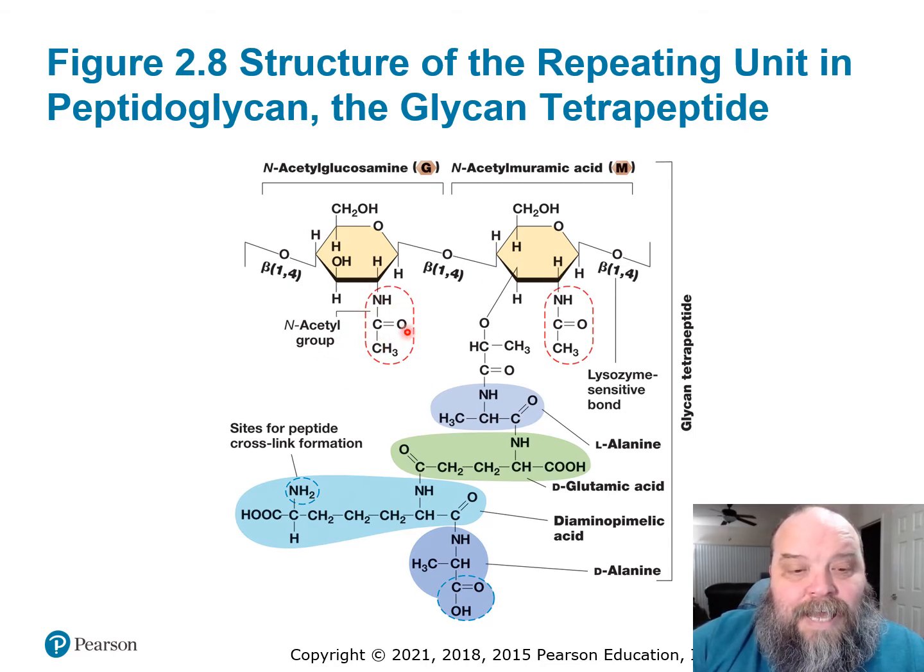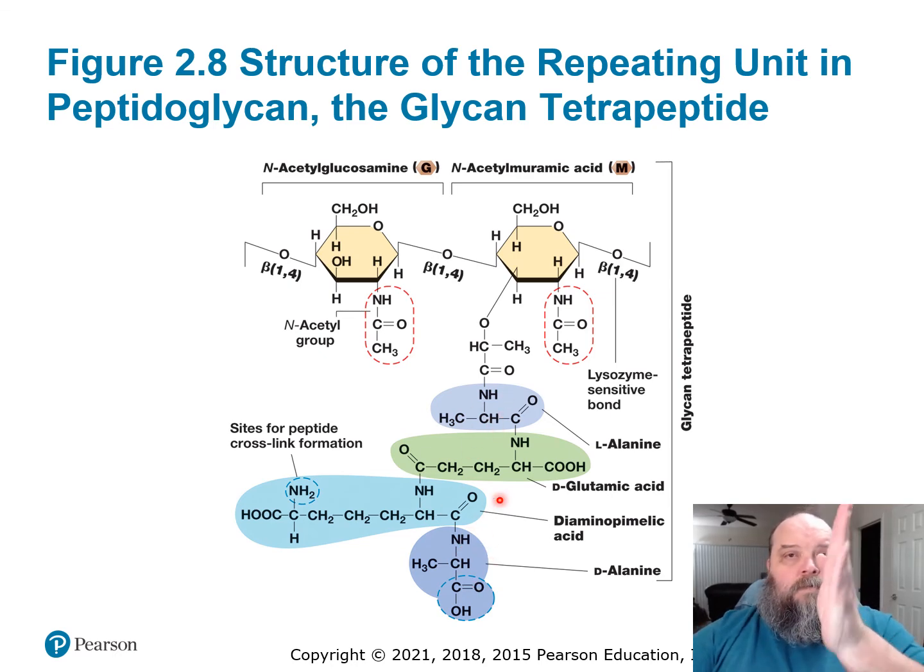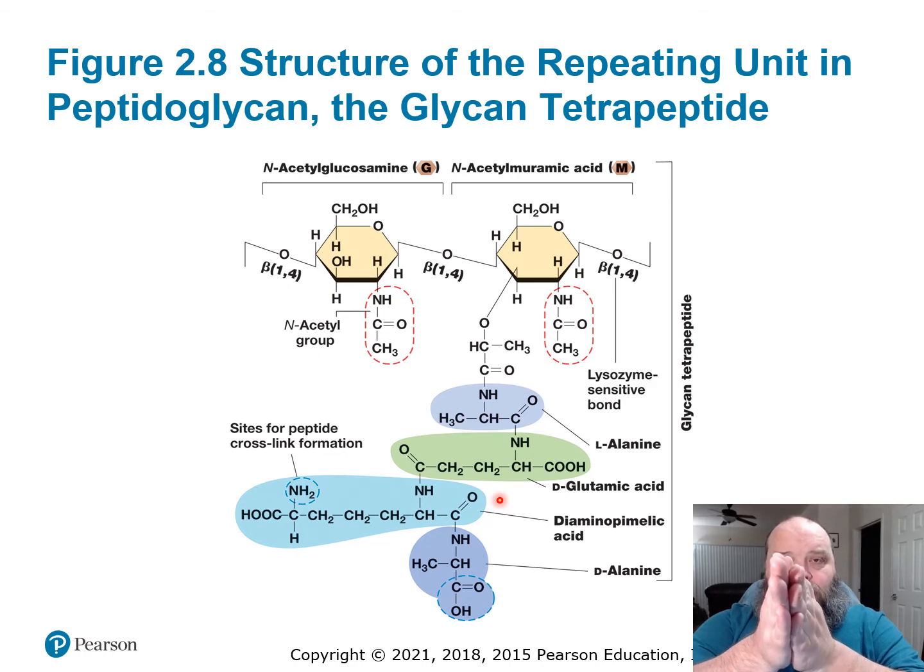And here's the N-acetyl group, N-acetyl, N-acetyl, and then our 1, 2, 3, 4 amino acids. You're going to have this long chain of NAG-NAMs, and these amino acids are going to be interspersed, and it's going to link neighboring chains together, because one chain is floppy.